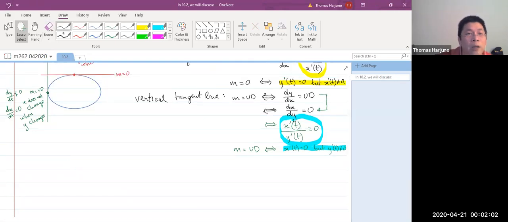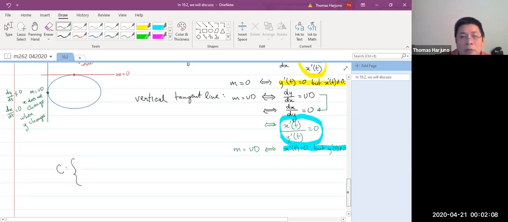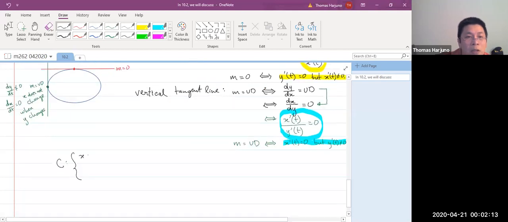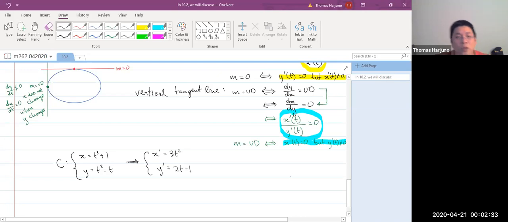So if I look back, my C is given by what again? x equals t cubed plus 1, and y equals t squared minus t. And from there, we get that x prime is 3t squared, y prime is 2t minus 1. So where do we get the horizontal tangent line?